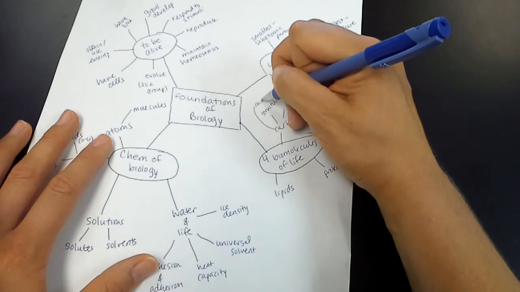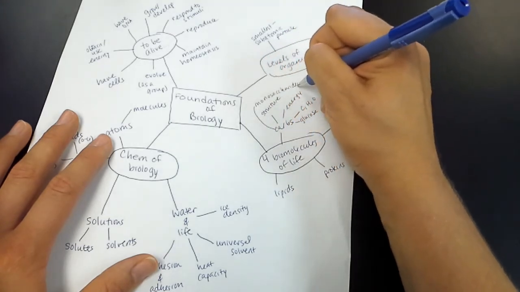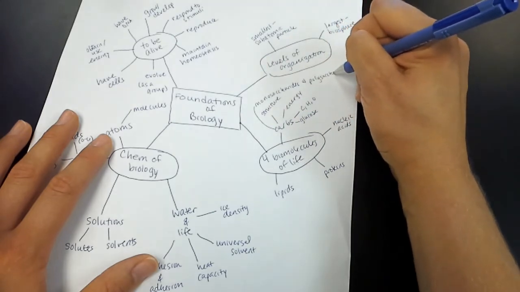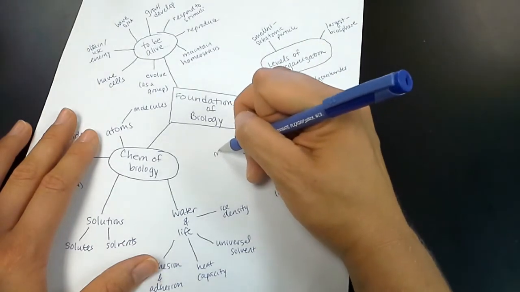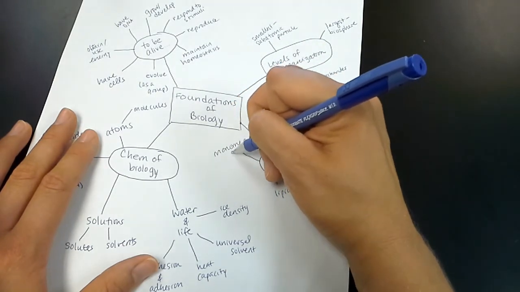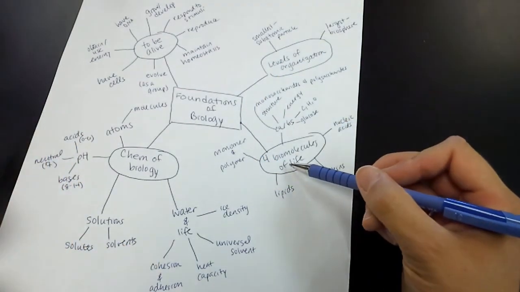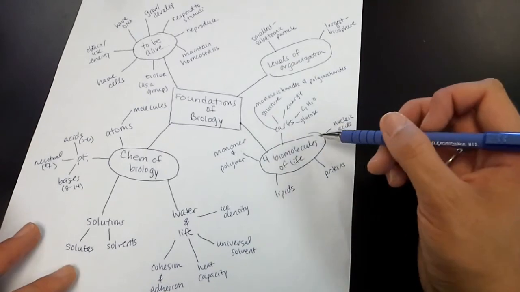So I'm going to say monosaccharides and polysaccharides. I could actually add over here monomer and polymer, because even though it's not the molecule itself, it's still really important, something that we talked about.